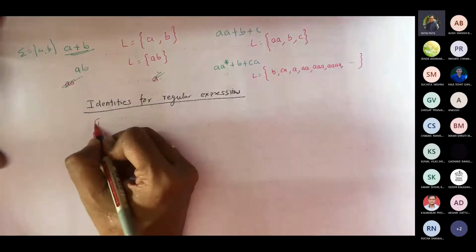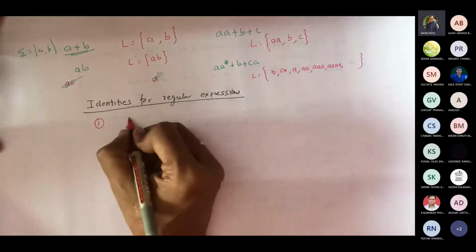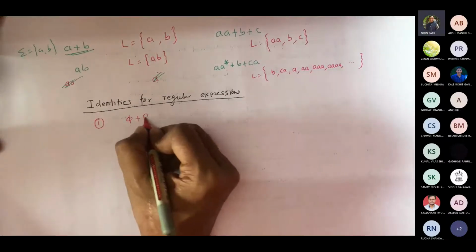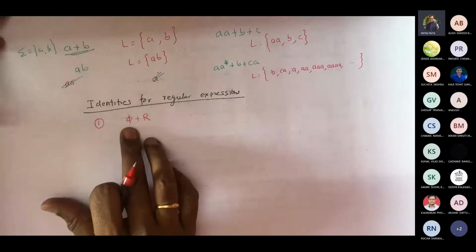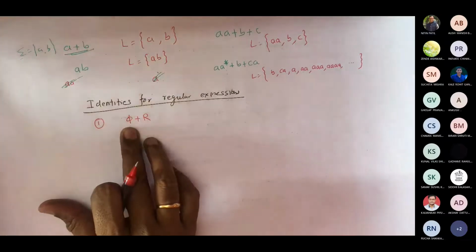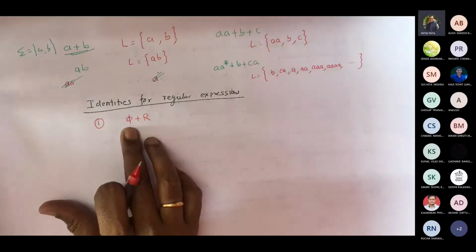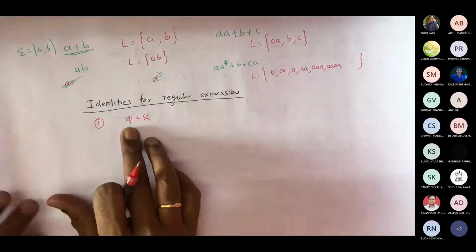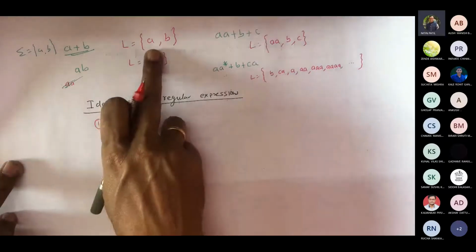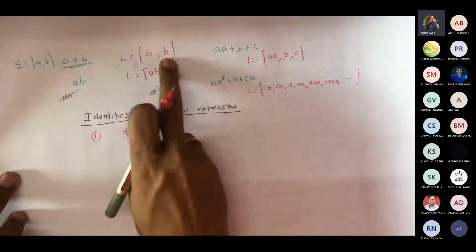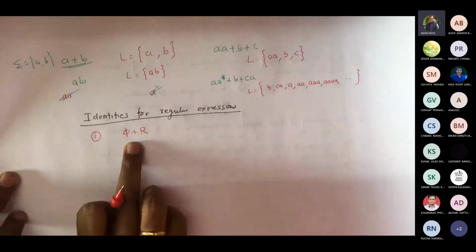So my first property, phi plus R. What exactly does this mean? If I go with this definition, A comma B, so phi plus R, what exactly does it mean?